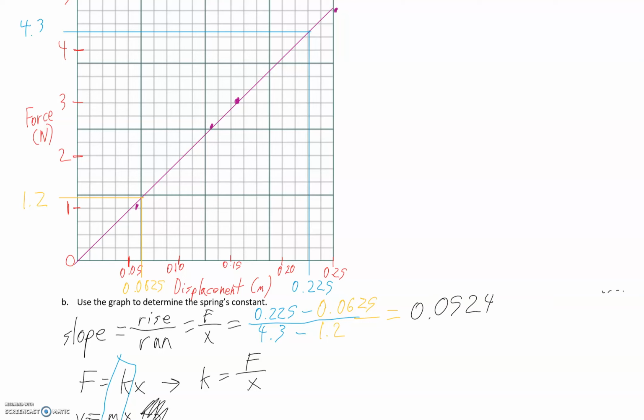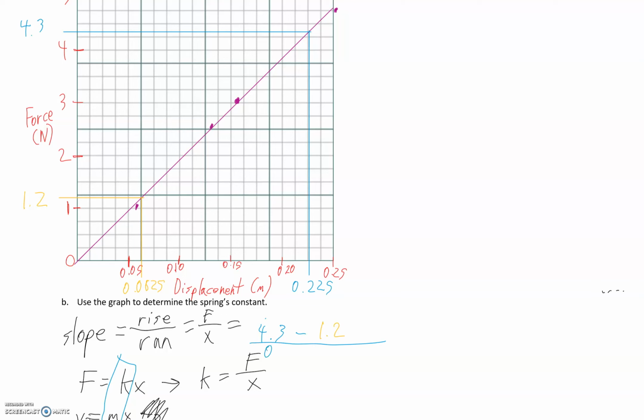0.0524. Did I do that correctly? Oh, I flipped them around. It should be the other way around. Yeah, I can do this quickly.